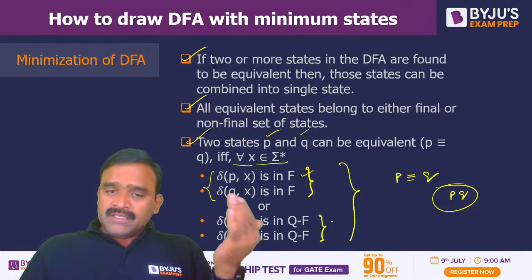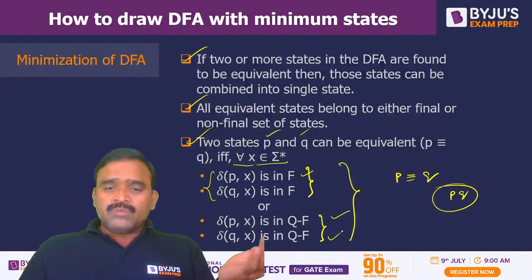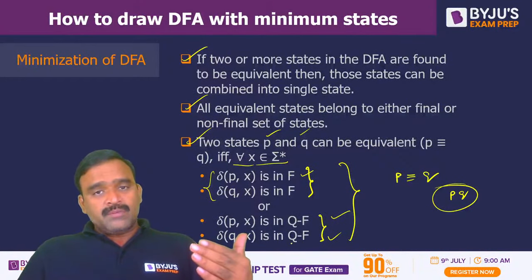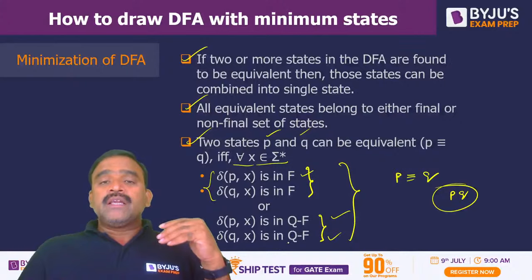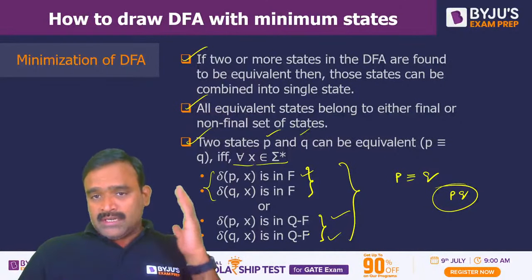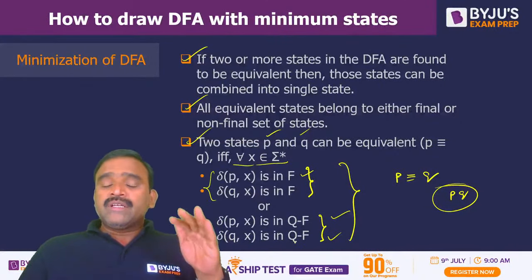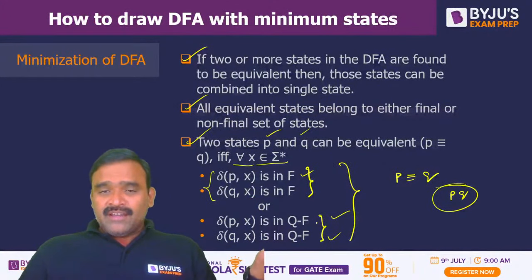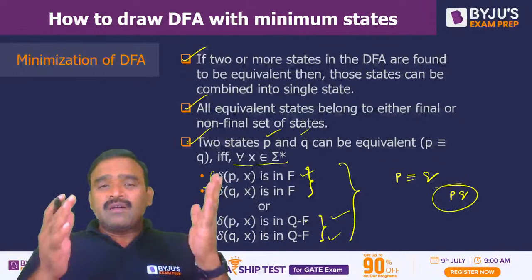If P comma x is in a non-final state, then Q comma x also must be non-final. If these conditions are satisfied for every x belongs to sigma star, then we can say that state P is equivalent to state Q. Otherwise, it is distinguishable. If the condition fails for any one x value, then they are not equivalent, so we can't combine them.